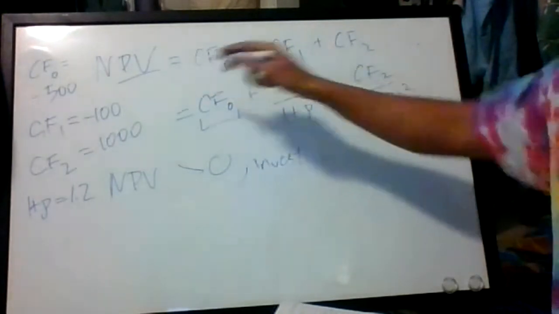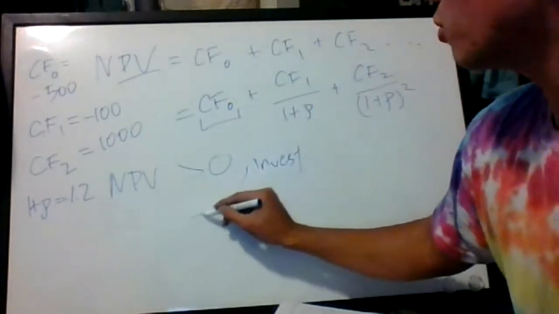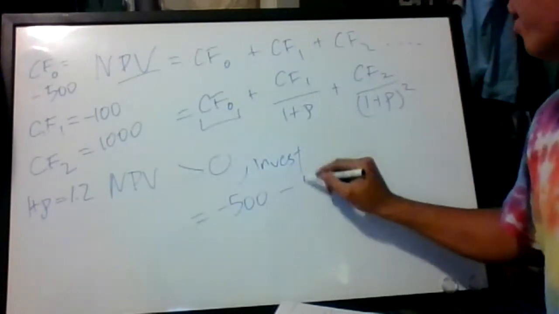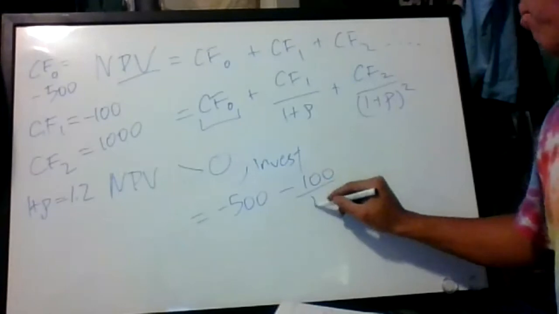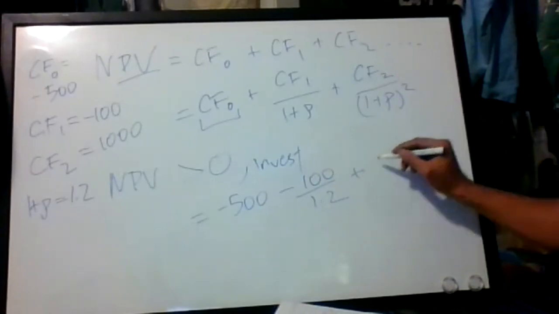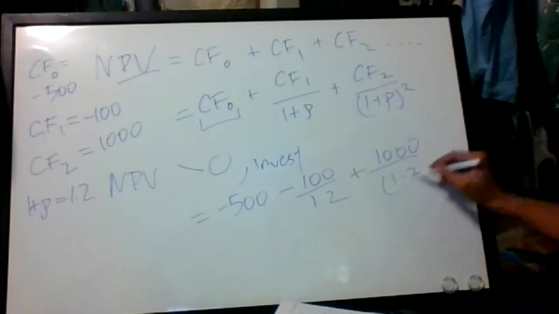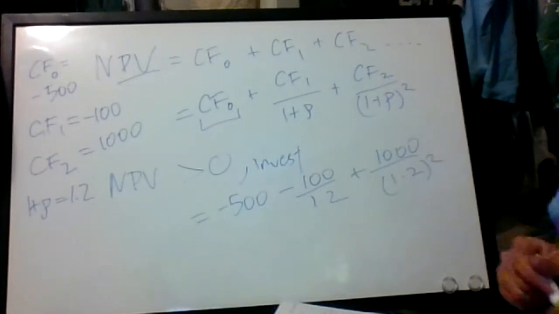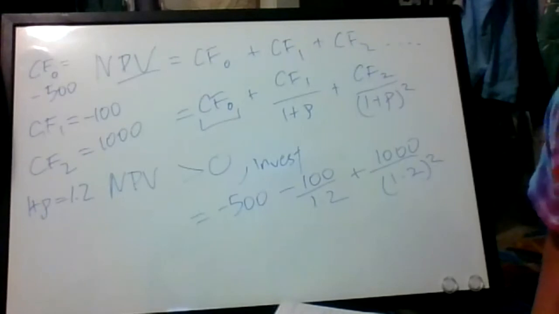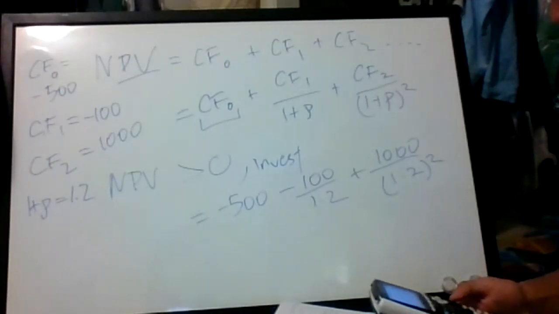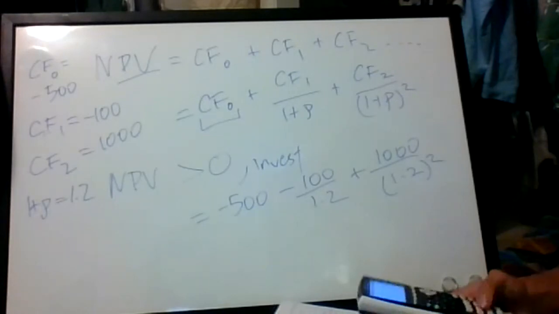Plugging all of these numbers into the formula, you would get negative 500 minus 100 over 1.2 plus 1,000 over 1.2 squared. On the test, if you're using a calculator, which I believe you can because it's take home, you can probably get away with that.